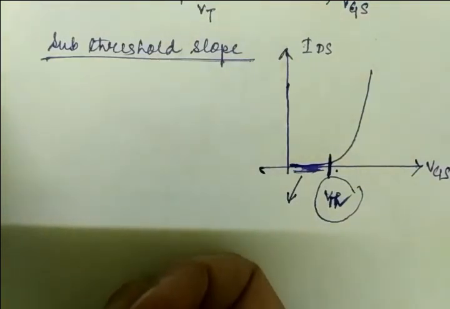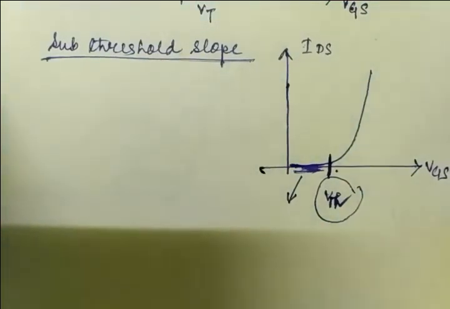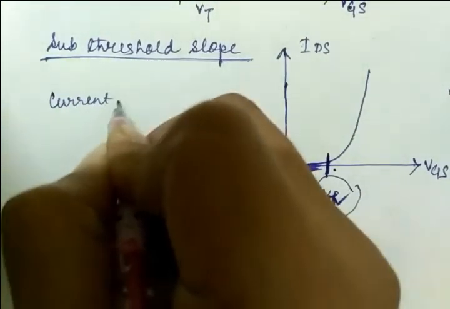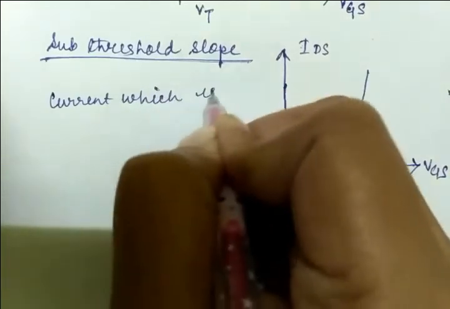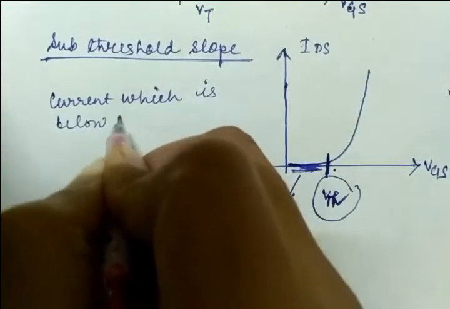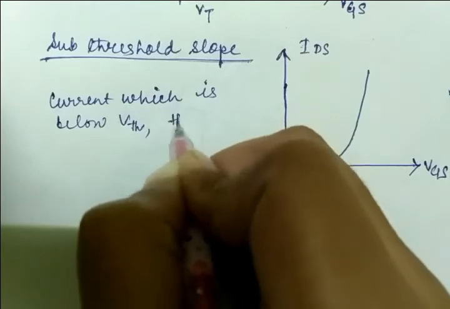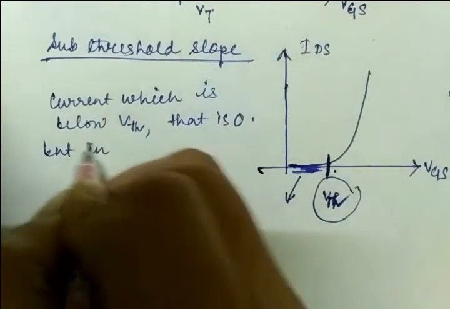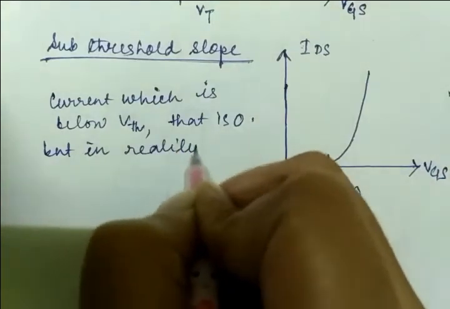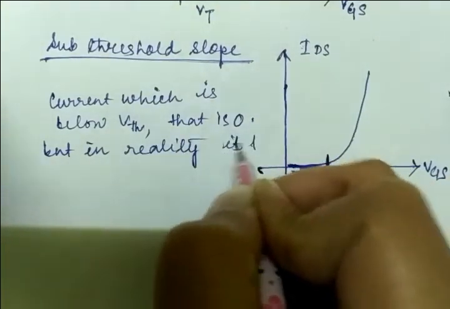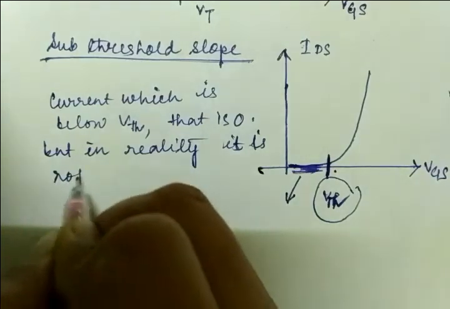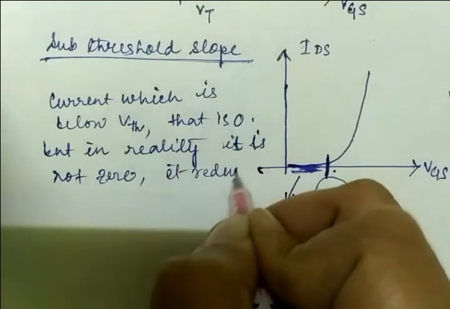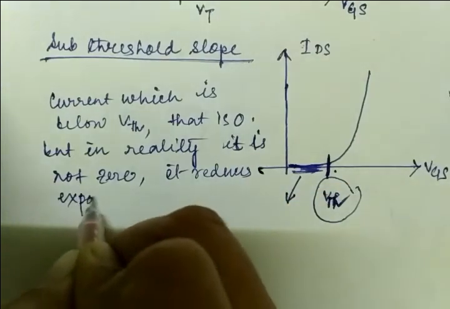This will reduce exponentially. So I must say that the current below VTH is 0 in the ideal case, but in reality it is not 0, and it reduces exponentially.